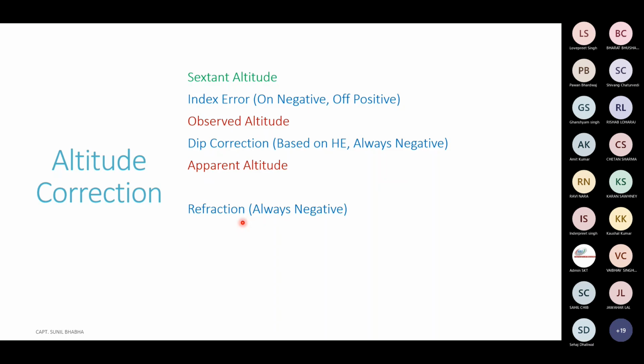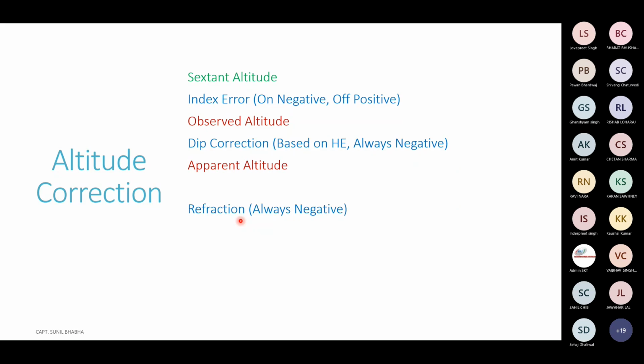Now when it passes through the atmosphere, it undergoes what we call refraction. The ray of light coming from the celestial body undergoes refraction. Refraction is a physics principle which says that whenever light passes through 2 different mediums having different densities, it will either bend towards the normal or away from the normal, depending upon the densities.